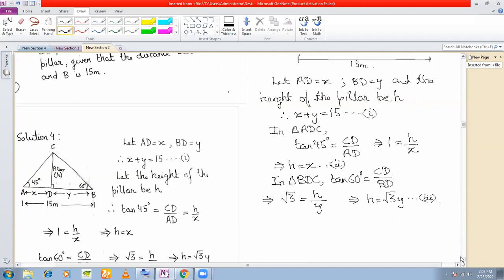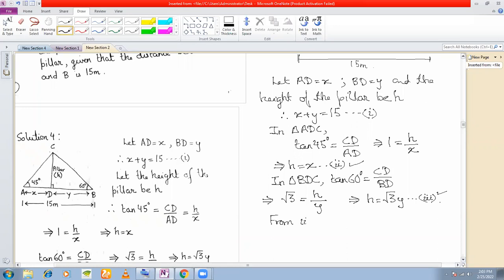Now from these equations 1, 2 and 3, we want to find out H. So how do you find out H here? If you see, 2 and 3 are simultaneous. H is equal to X in 2 and H is equal to root 3 Y in 3.